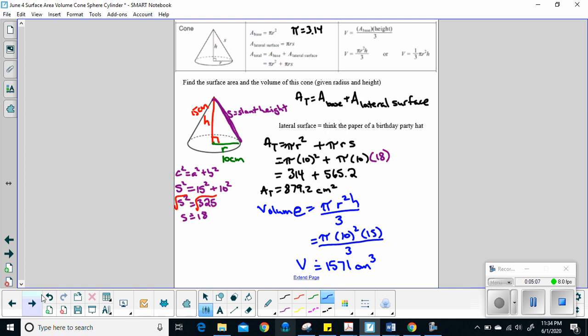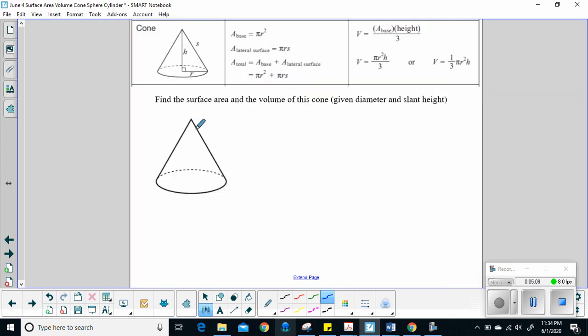Okay, let's try another one. This time I want to give you the diameter across the bottom. I'm going to tell you that the diameter is 18 inches. And this time I'm also going to give you the slant height, which is over here, and I'm going to call that 35 inches.